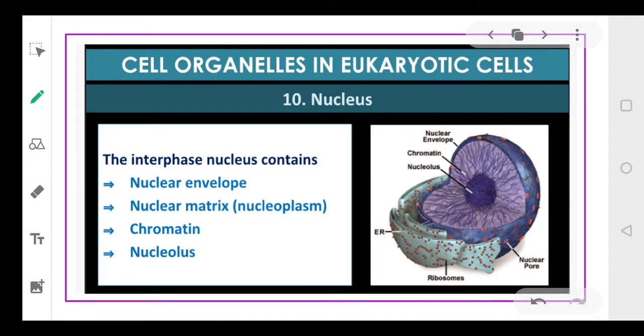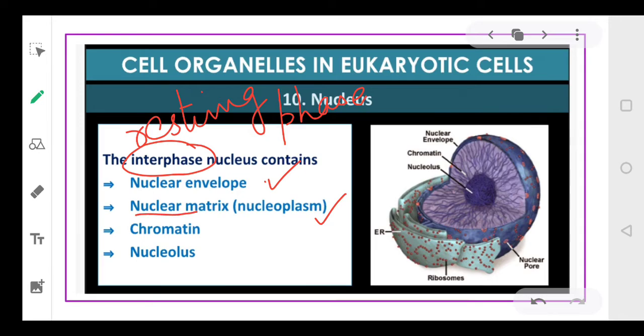Now, when we observe the cell in a non-dividing phase, or resting phase, which is also called interphase, it contains four components. One is the nuclear envelope, second is the nucleoplasm. Like in a cell you have a cytoplasm, in the nucleus you have a nucleoplasm. Another name for the nucleoplasm is nuclear matrix.